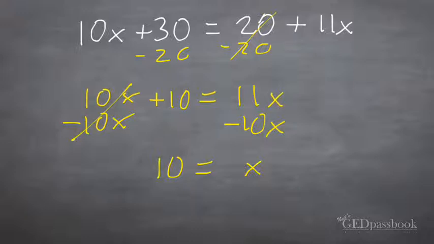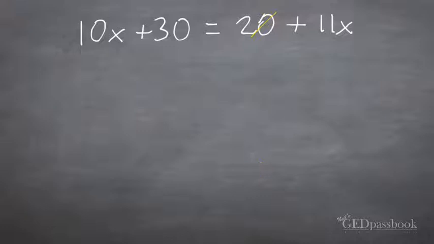Oh, but wait. You weren't one of the students that wanted to move the 20? That's fine. What, you were one of the students that wanted to move the 11x first? That's perfectly fine. You minus 11x, it cancels out, it gets thrown over there.